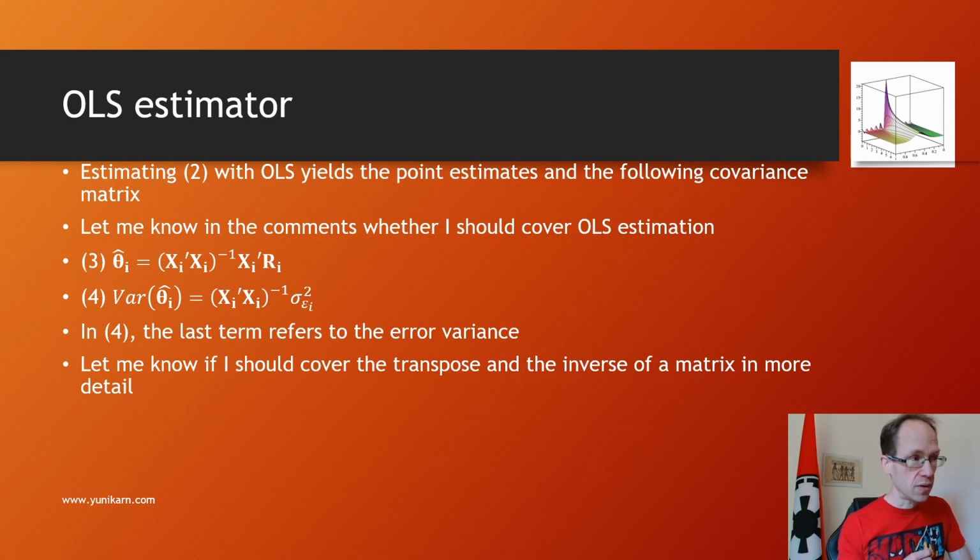Expression 4 is the covariance matrix of my parameter estimates. Have in mind that whenever you estimate this equation, the estimate is never ever precise. So we always obtain a distribution here.